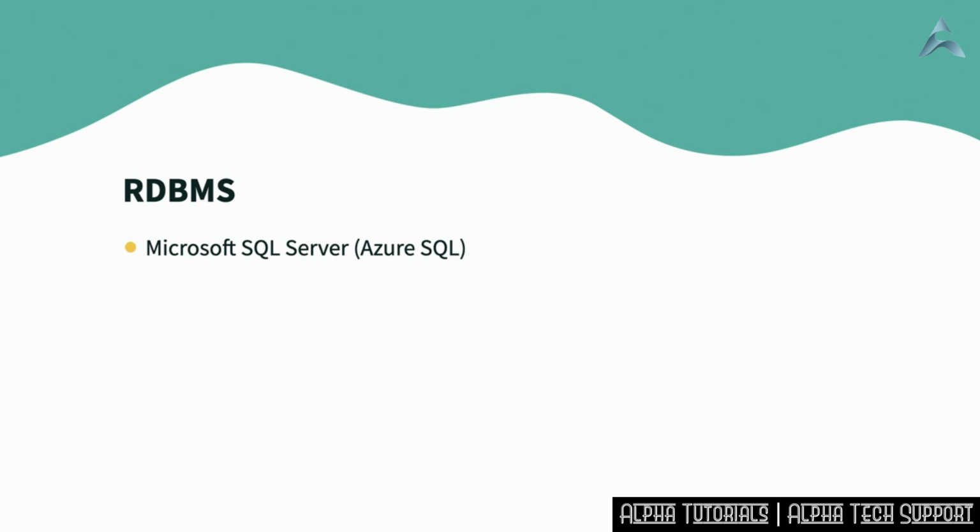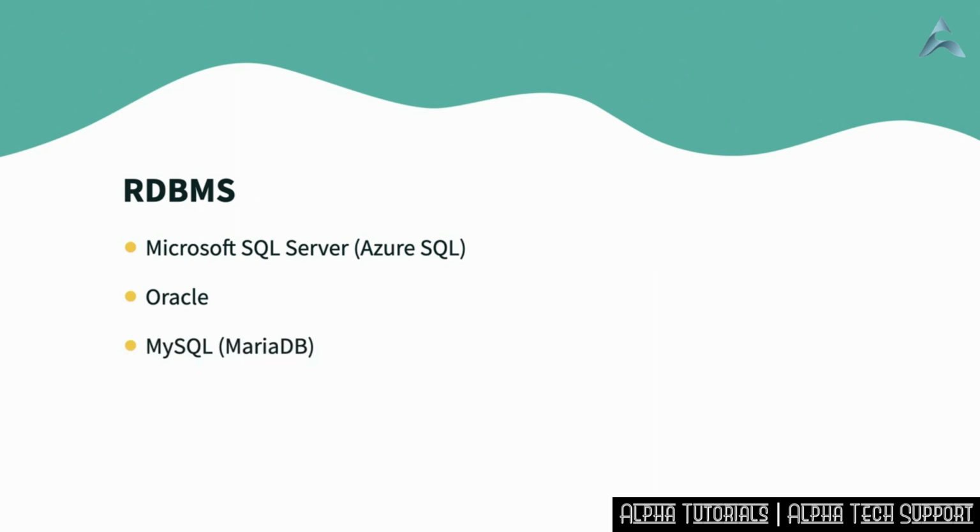In the cloud computing world, this is called Database as a Service. Other popular relational database management systems that you can host on your own servers on-premise or in the cloud are Oracle databases.